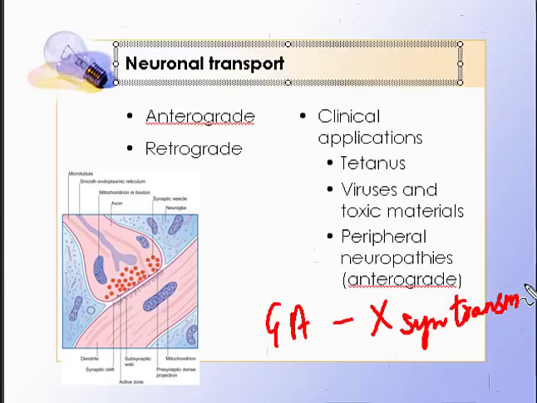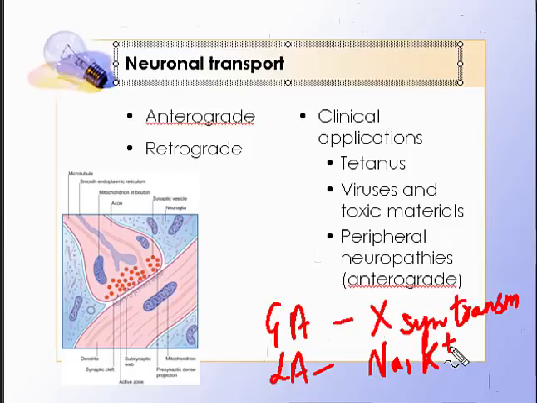Local anesthetics act on the axolemma, or the cell membrane of the axon, and they interfere with the permeability of the axolemma to sodium and potassium ions. You remember depolarization: you need sodium to go in and potassium to come out.